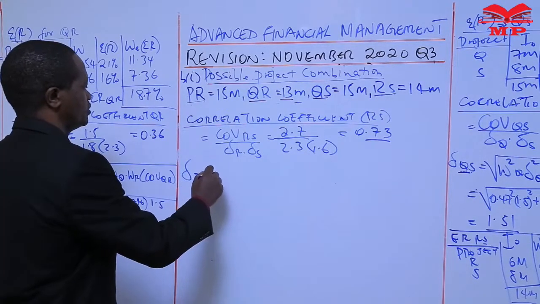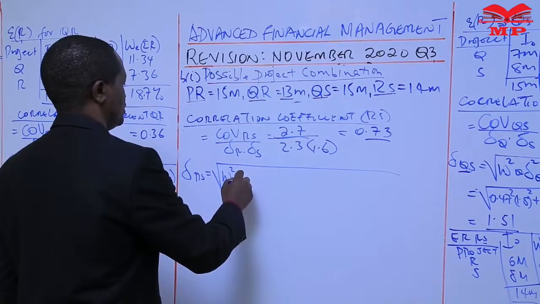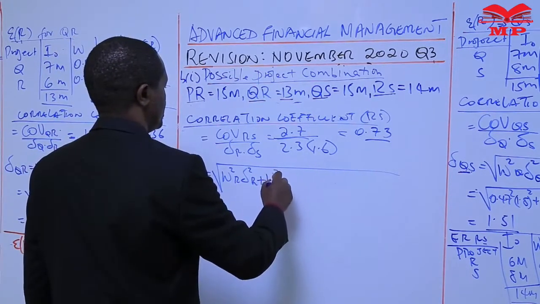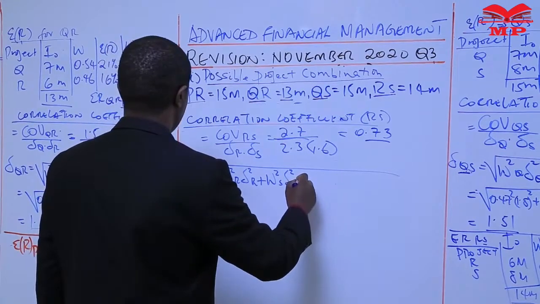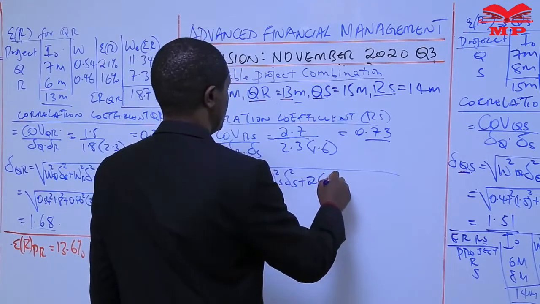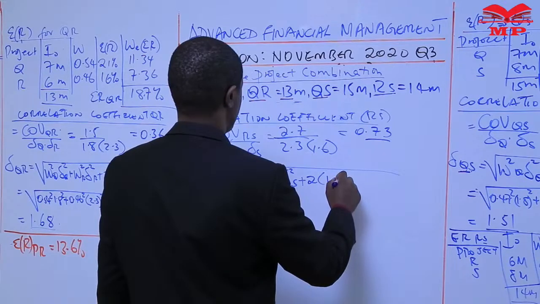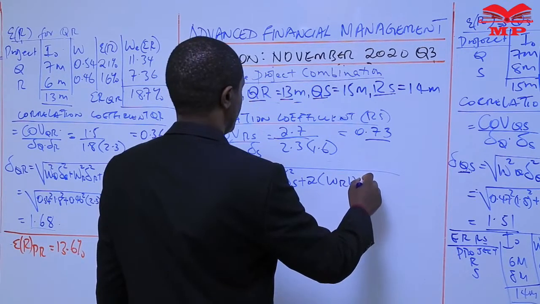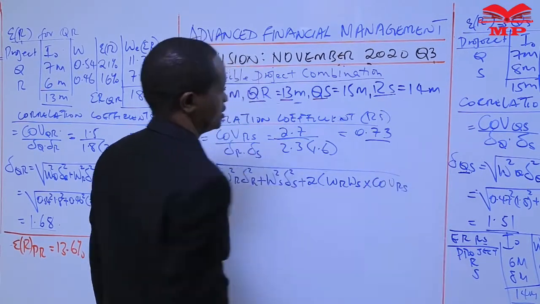Then lastly, the standard deviation of the portfolio RS is equal to the square root of W squared R times standard deviation squared R, plus W squared S times standard deviation squared S, plus 2 times W R times W S times the covariance of RS.